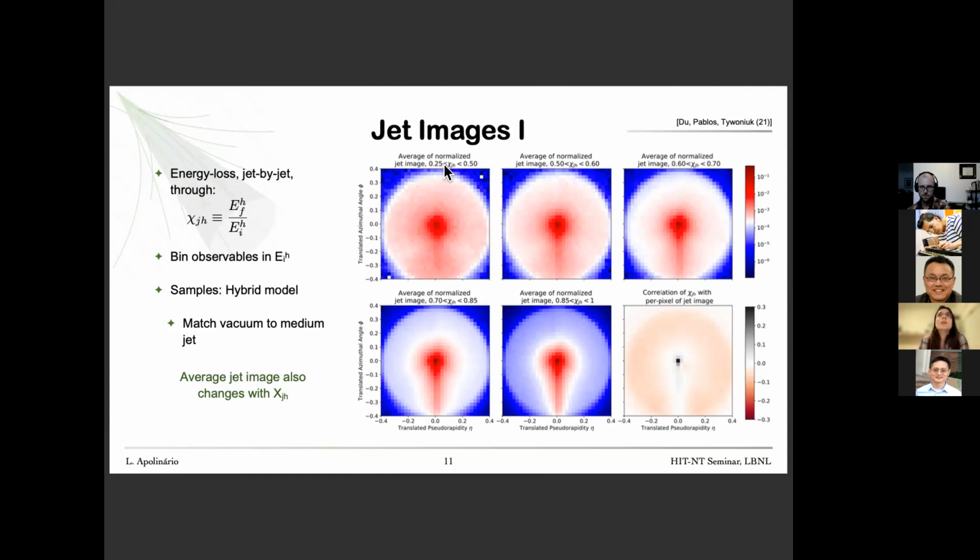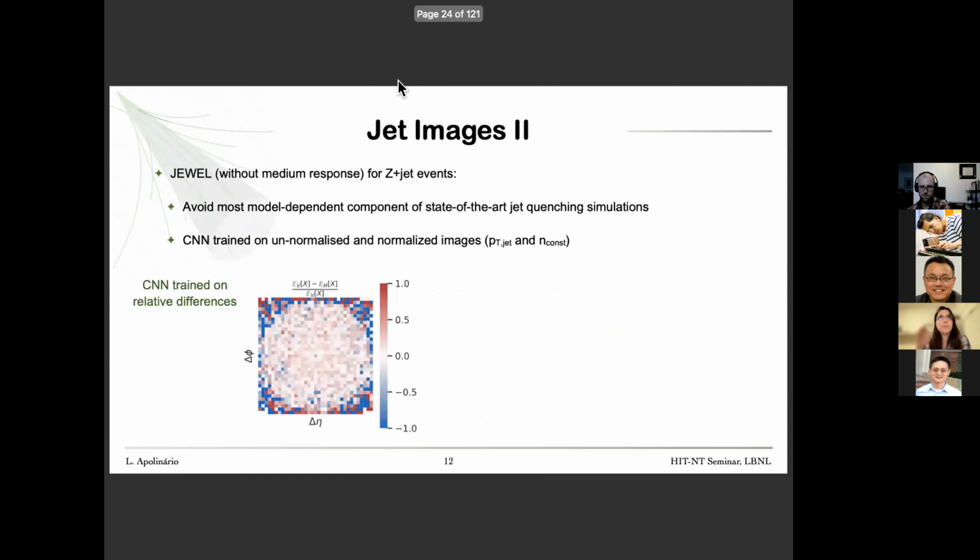As we increase in this direction the magnitude of energy loss effects, so this variable psi decreases from 1 to smaller values, we see that the jet image is in fact becoming different. So again, this is a very good hint that perhaps feeding this to a neural network can help create an algorithm that identifies jets that were strongly quenched from jets that were less quenched.